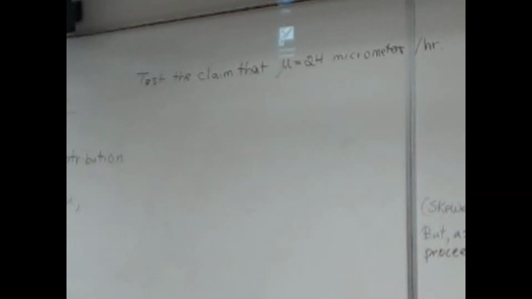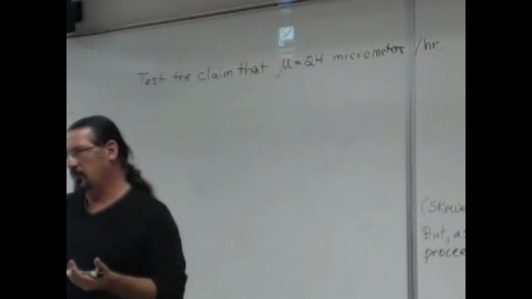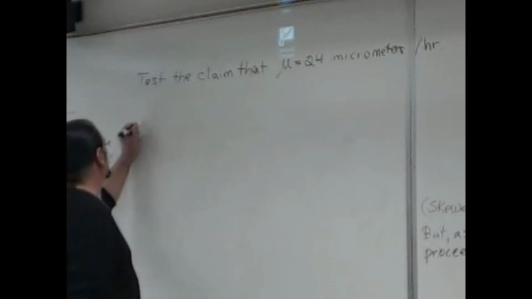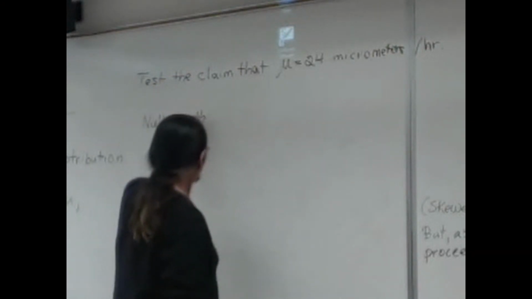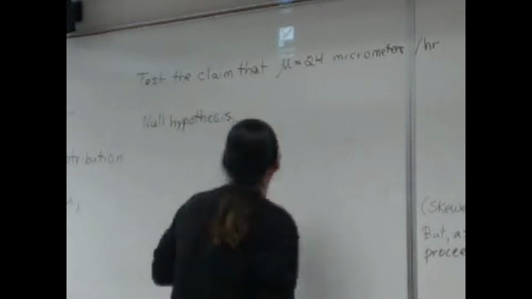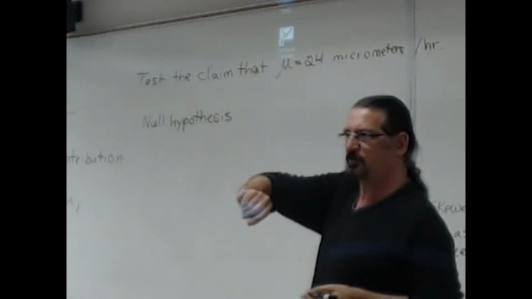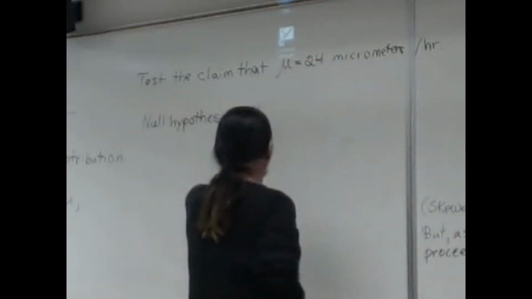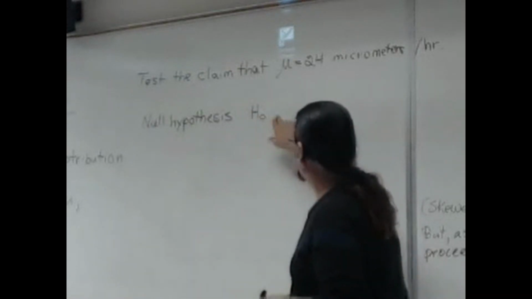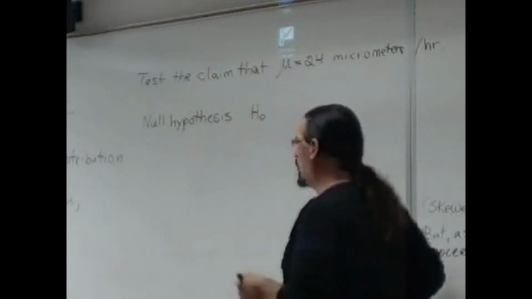They call that claim of a long-held belief, or what all the evidence has pointed to so far, the null hypothesis. And it gets abbreviated as H with a little 0 written below it as a subscript. And it gets read as H naught. This is a colon, and we would write mu equals 24.